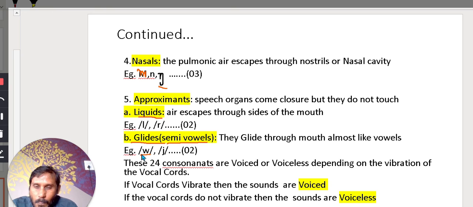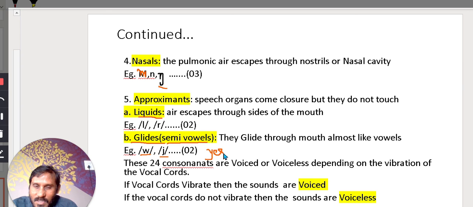So here the sound is a glide, and you represent this symbol with small j, but actually the sound is not j. Guess what it is? It is ya. In words like yes, you say like this.